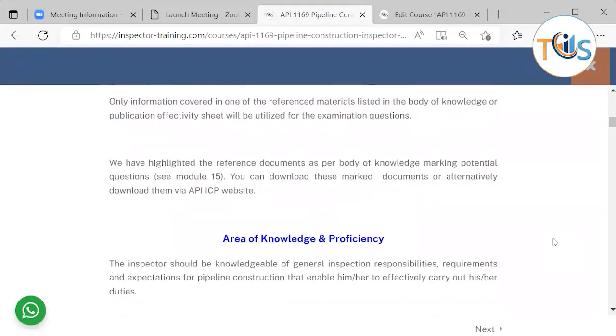The only information covered is one of the reference materials listed in the body of knowledge or publication effectivity sheet, which will be used for the examination questions. We have highlighted the reference documents as per the body of knowledge, marking potential questions. See our module 15. You can download these marked documents or alternatively download them via the API ICP website.